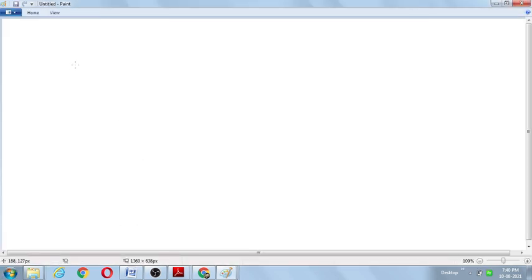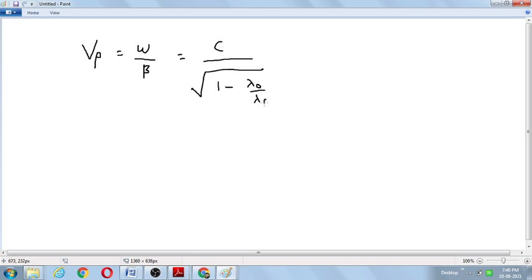Phase velocity is equal to omega by beta. Otherwise, by using this formula, c by square root of 1 minus lambda naught by lambda c, we will calculate phase velocity also.